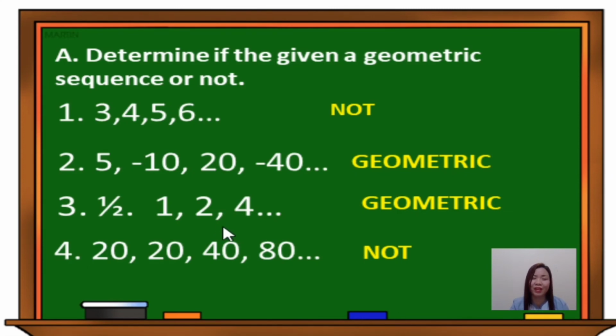If you're going to divide 80 divided by 40, the answer is 2. And 40 divided by 20, the answer again is 2. But in 20 divided by 20, the quotient is not 2, but 1. So, based on that given, the quotients are not equal. So, the given is not a geometric sequence.